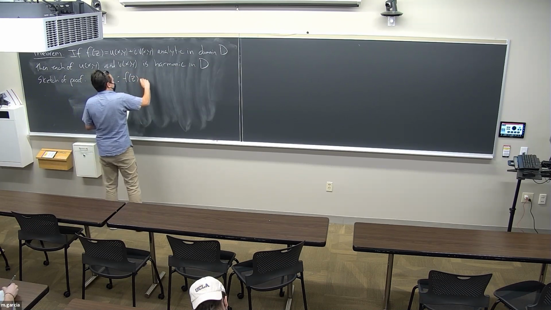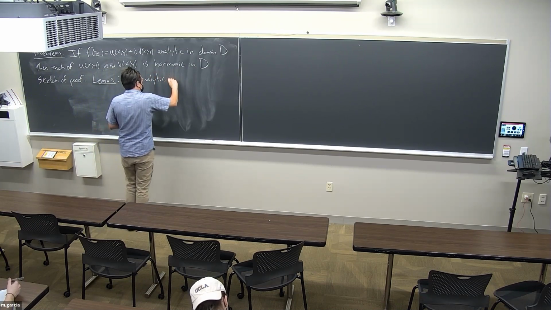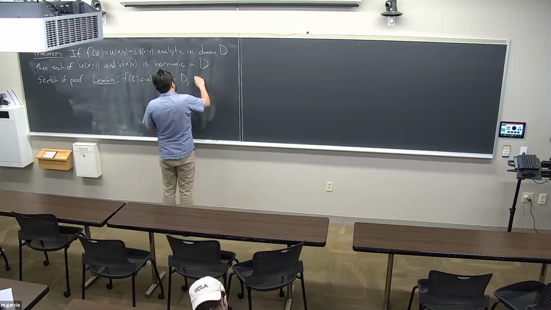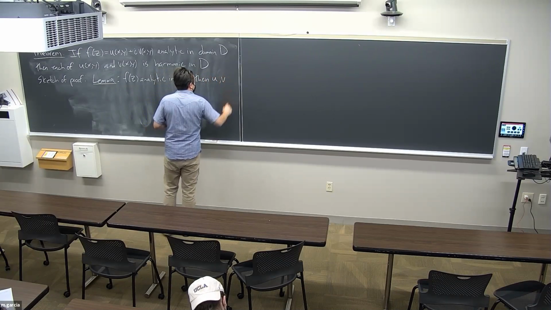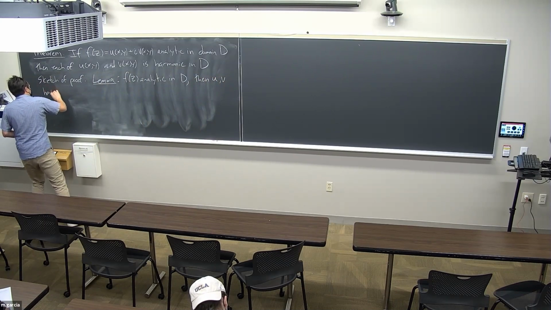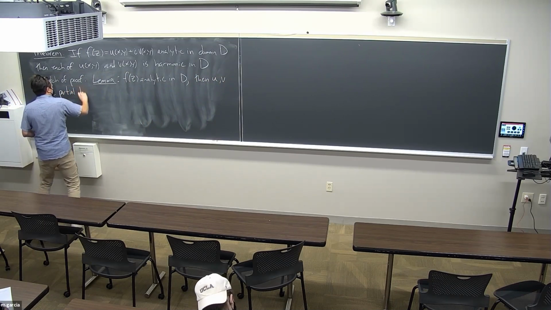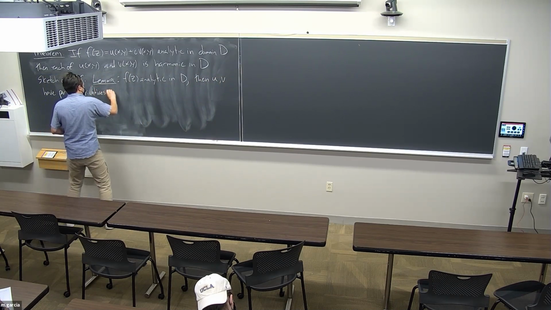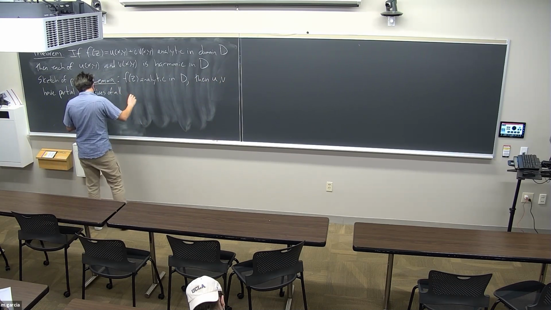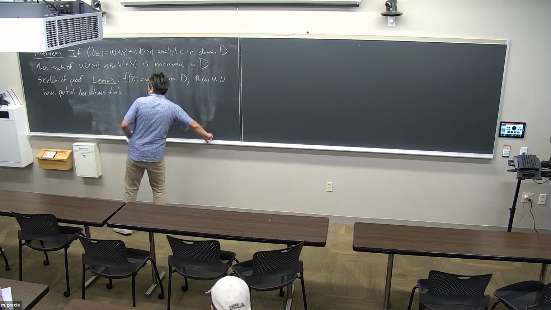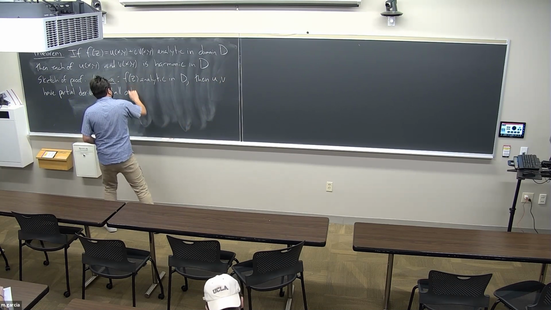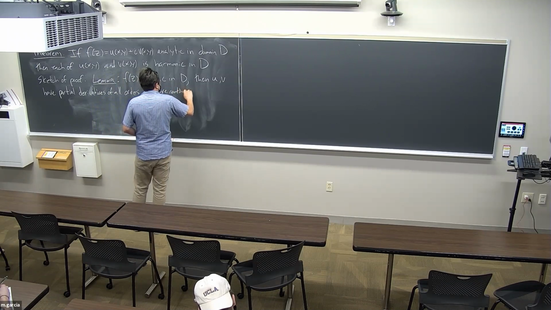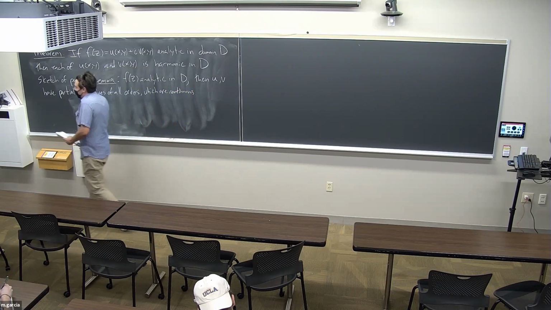If f of z is analytic in D, then our component functions u and v have partial derivatives of all orders, which are continuous. Just for emphasis, we put that there. So we'll prove that in a couple weeks.